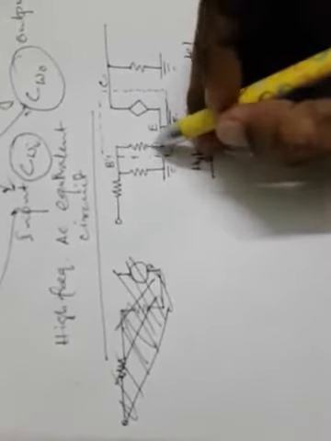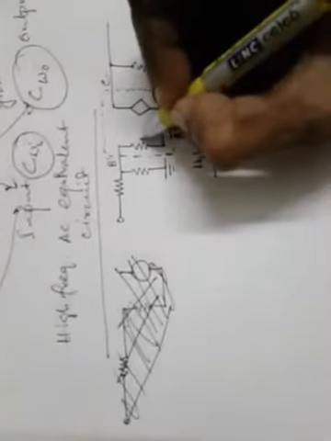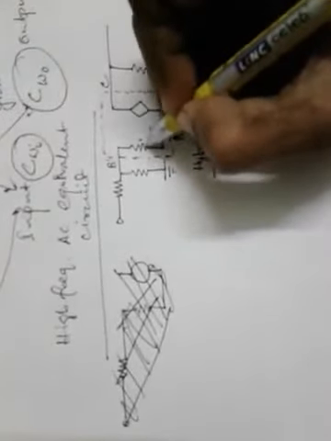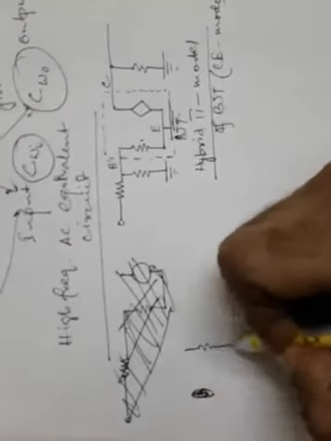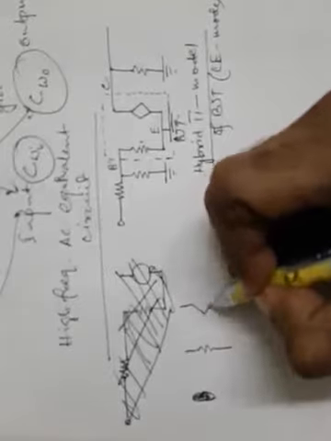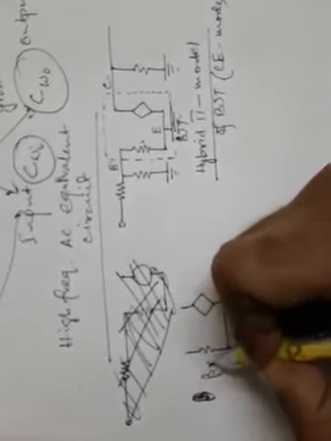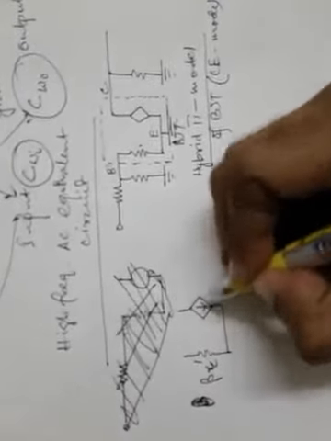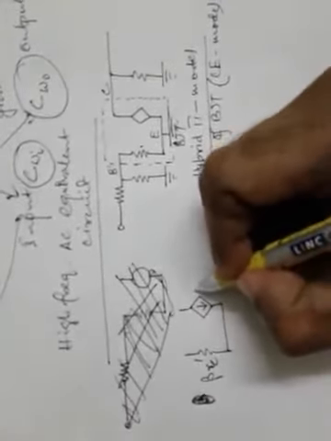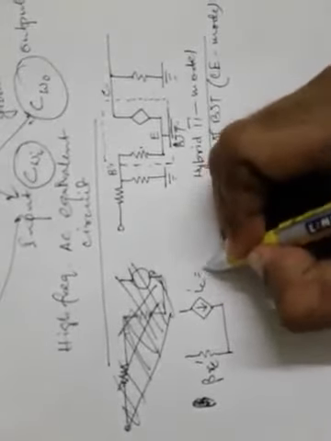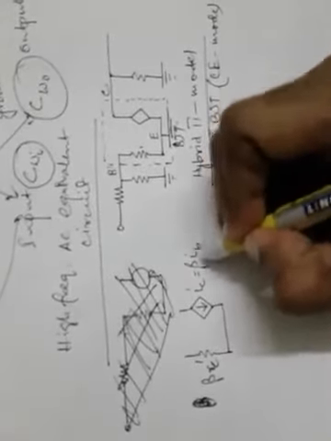I told you in my last lecture that we generally denote this resistance as beta re dash, and this current source is ic, equal to beta ib, all in small letters.